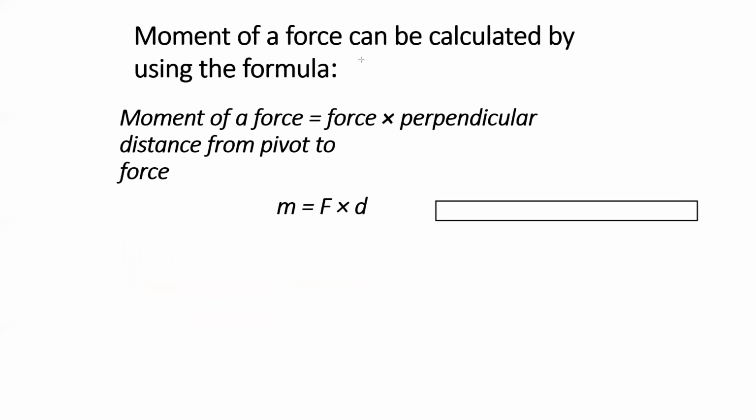Example, this is an object which is fixed at the center. Okay, a force of 5 Newton, which is at a distance of 4 meters, and another force of 5 Newton, which is also from the pivot, at a distance of 4 meters.